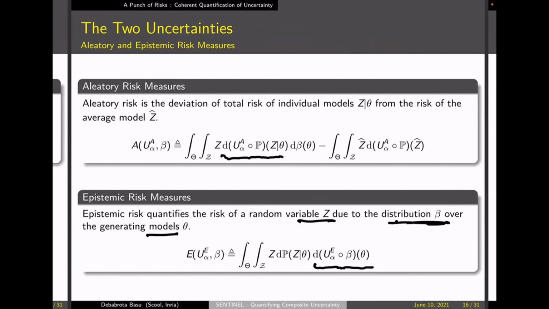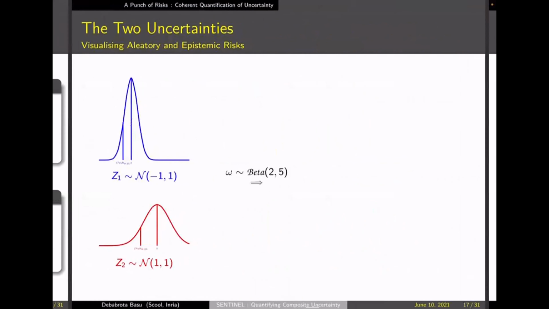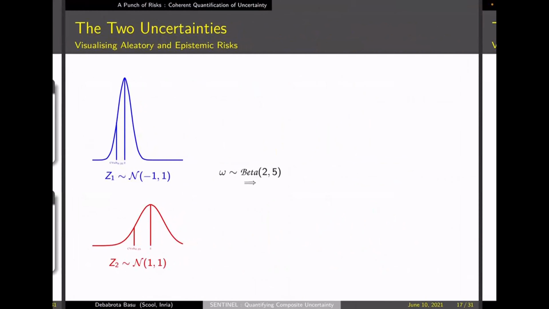Anyway, though this may seem a bit full of equations and jargon, we can visualize them very easily. How we have seen them before, we have considered there is a Z1 coming from a normal distribution of -1, 1. And there is a Z2 coming from this distribution of 1, 1.